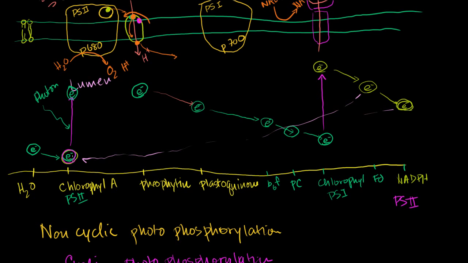That is cyclic photophosphorylation. So you can imagine in this situation, since the electron never ends up at NADP+, you don't end up producing NADPH. And since you're replacing this electron directly from the electron transport chain, you don't have to strip the electrons off of the water, so you're not going to produce your oxygen.